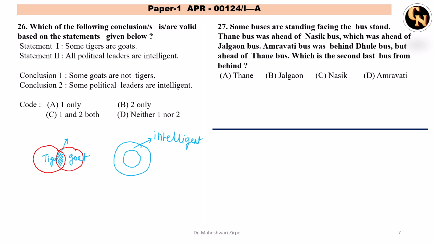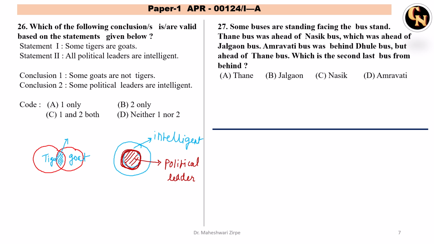This inner circle indicates political leaders. Let me draw the political leaders with a red circle. So this red circle indicates all political leaders. They are saying all political leaders are intelligent, so I have drawn it inside the intelligent circle.